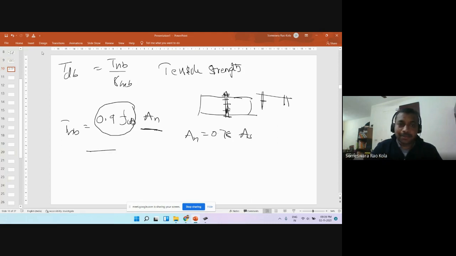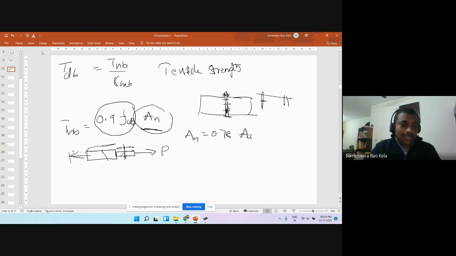Obviously, when you have a bolt or any rod with a section like this, this fellow will be the weakest one. So we have to take this area into consideration when getting the strength. We cannot take this one. This is our threaded region, and this is our unthreaded shank. That's why we take AN.